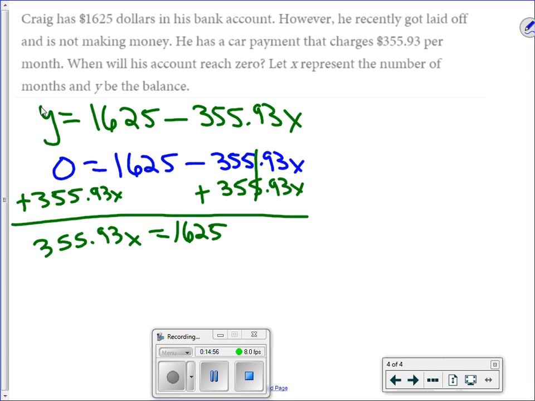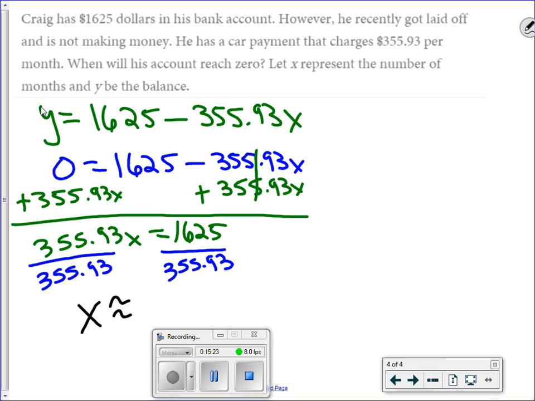Division property of equality, divide by 355.93 on both sides. I get X is going to be approximately 4.6 months.